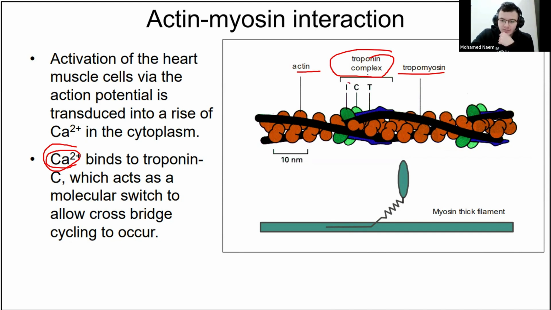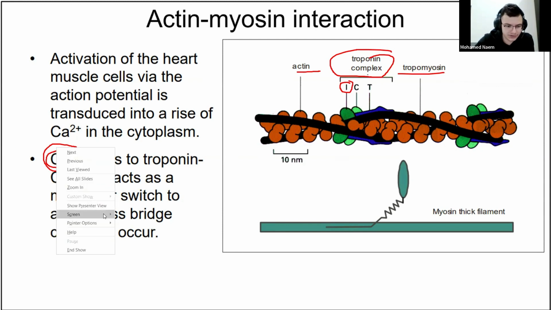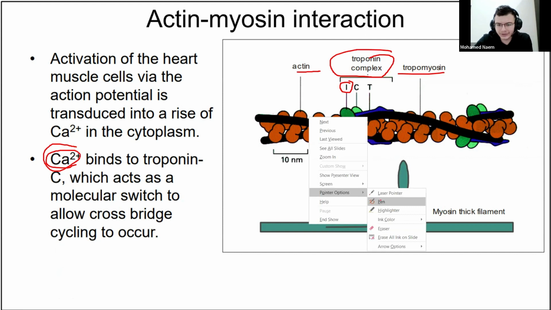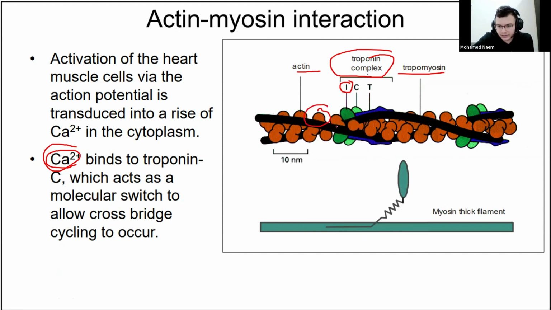How does it change? Remember when we said we have troponin I and it's covering the myosin binding site on the actin? Okay, so this is the actin molecule, right? We remember we had a myosin binding site.